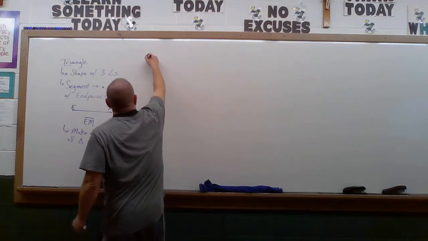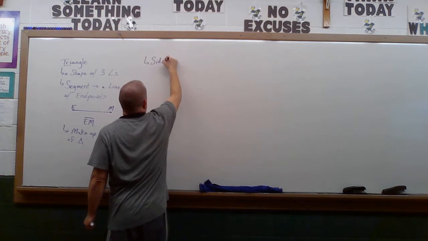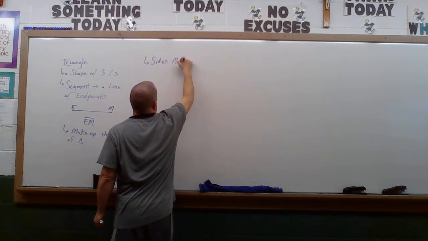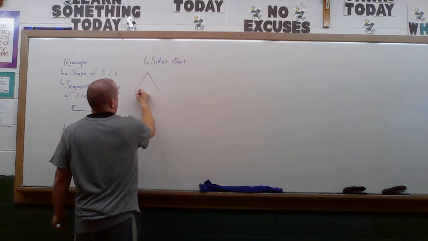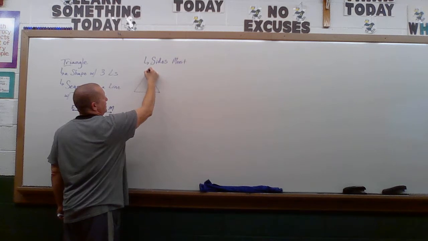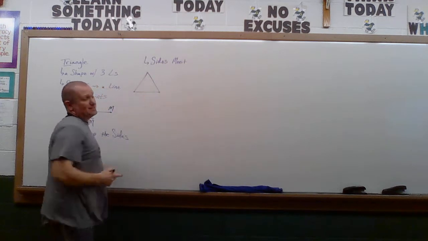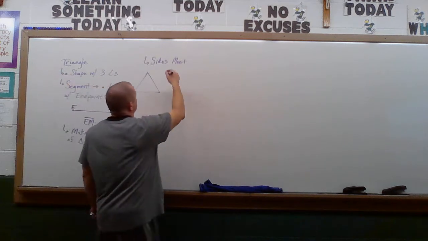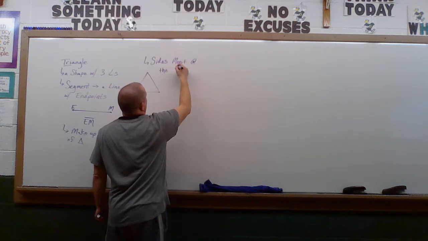Where the sides meet, if we draw a triangle, now a lot of times they don't put these, but there's actually little dots here because there's endpoints at each one of them. What are each one of those endpoints, or where the sides meet? They are called the vertex, or at a vertex.